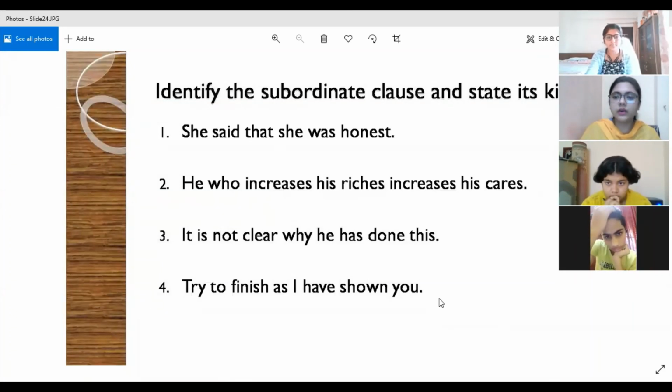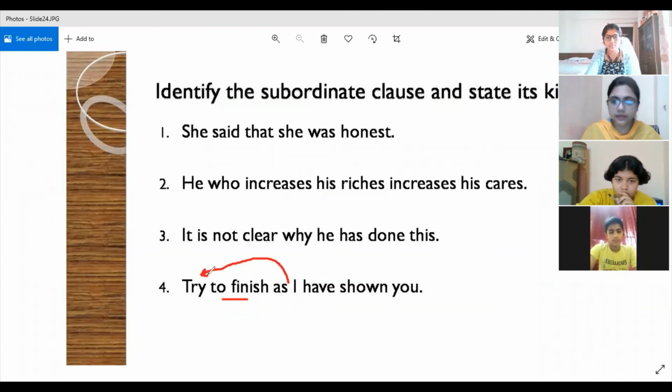Now I'll tell you how to identify it as an adverb clause. See, try to finish. You are supposed to try to finish. Okay, I was mistaken. To finish, it is not modifying to finish, it is modifying this verb try, because to finish is an infinitive. So I'm so sorry for that. How should you try? As I have shown you.